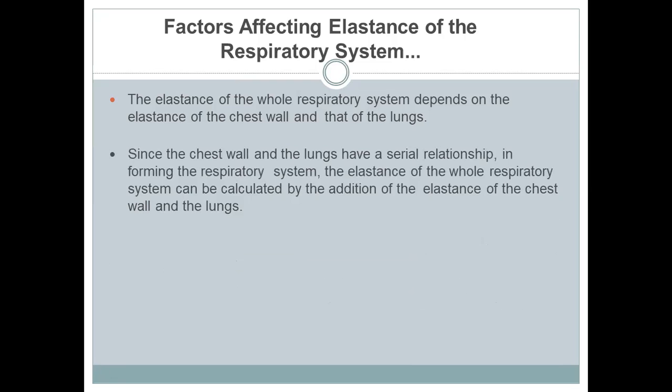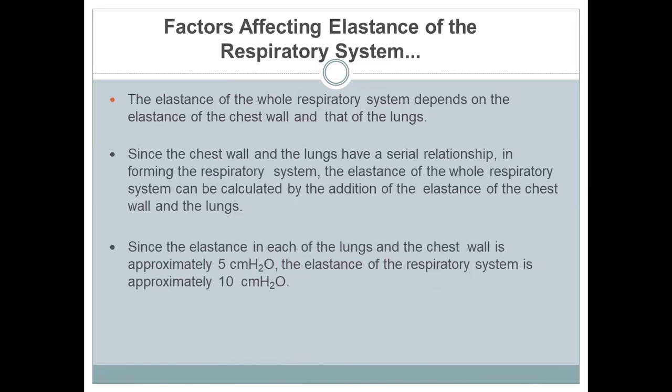They have a serial relationship in forming the respiratory system, so the elastance of the whole respiratory system can be calculated by adding these two. The elastance of each of the lungs and the chest wall is approximately 5 centimeters of water, so the whole elastance of the respiratory system will be double that, around 10 centimeters of water pressure.